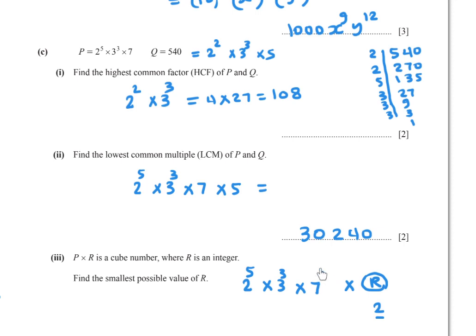So the least number we can add to make a multiple of 3, we need to add 2. So to add 2, you need to multiply by 7 power 2. So the least possible value for R is 2 times 7 power 2, which is 98.